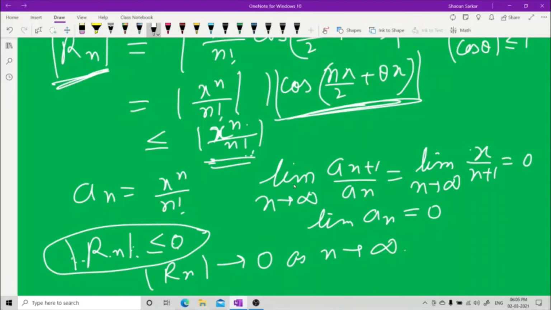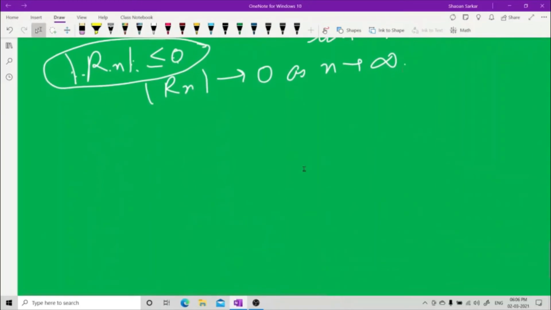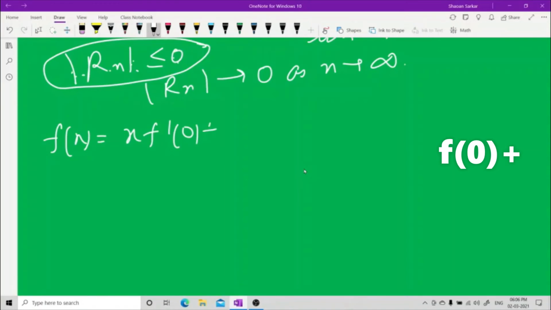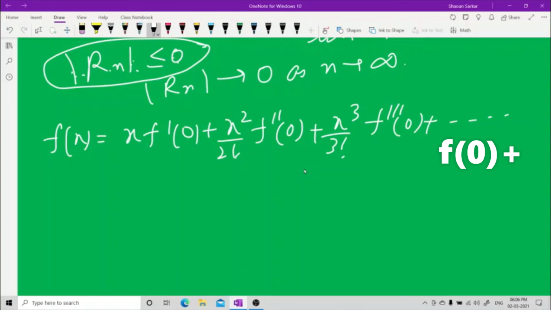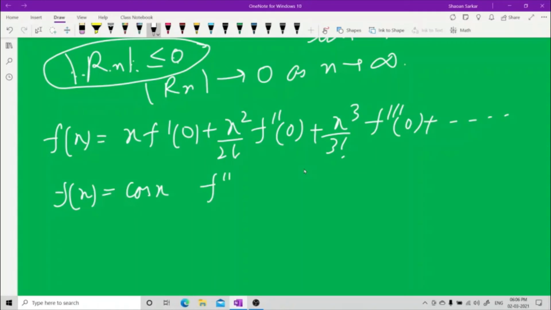Therefore now you have your Maclaurin's expansion as f(x) is equal to x f'(0) plus x square by 2 factorial f''(0) plus x cube by 3 factorial f'''(0) and so forth till infinity. So f(x) is what? cos x. What is f'(x)?